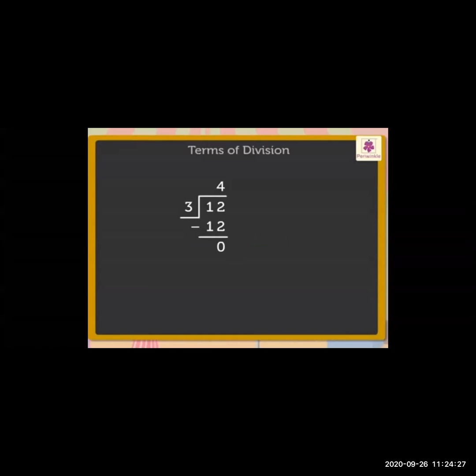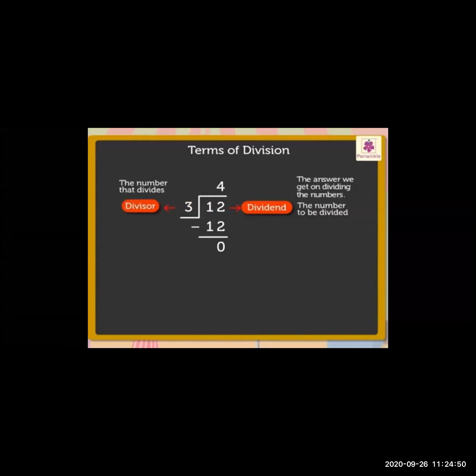Let us learn the terms of division. The number to be divided is called the dividend. Here, the number 12 is the dividend. The number that divides the dividend is called the divisor. Here, the number 3 is the divisor.